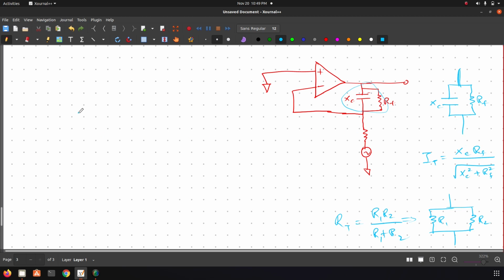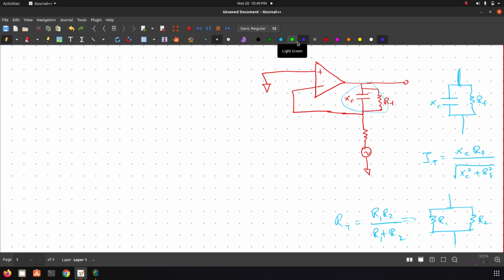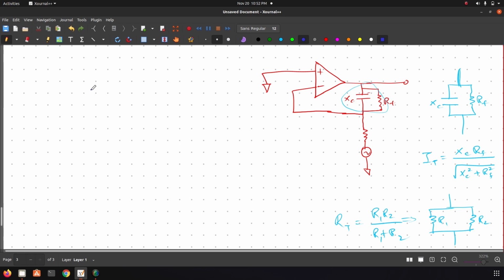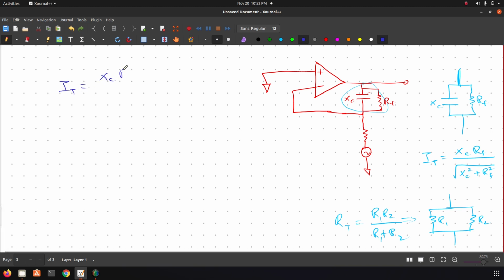So at low frequency, if we look at the total impedance, XC RF divided by root of XC square plus RF square.